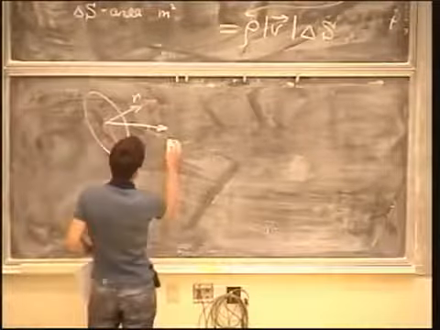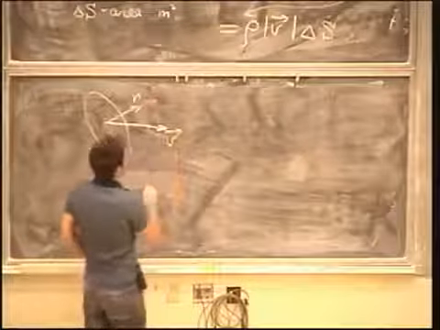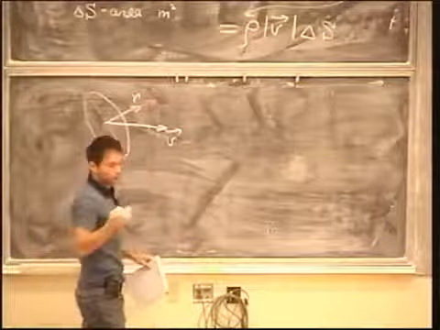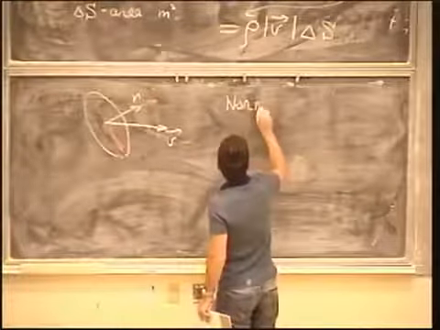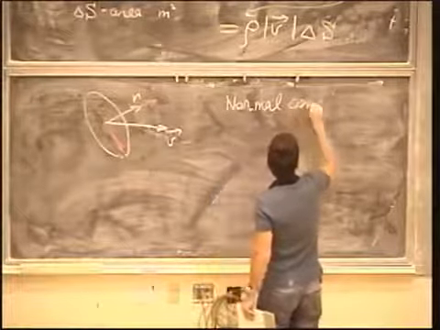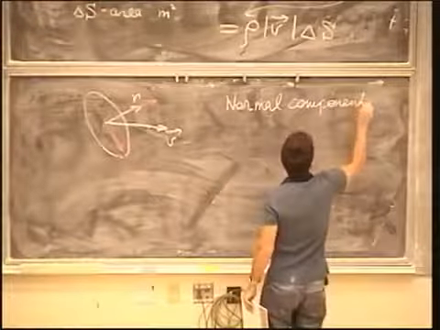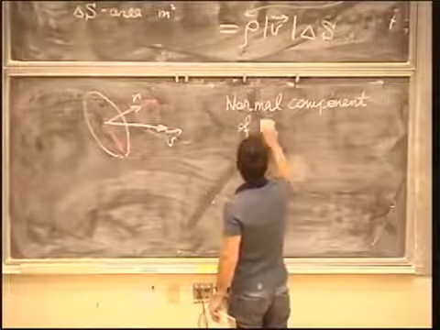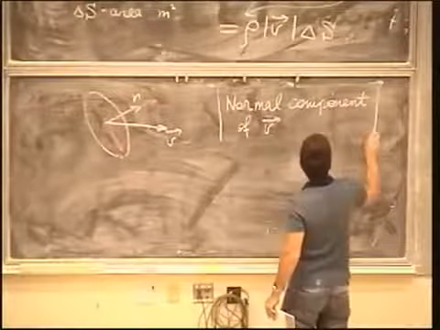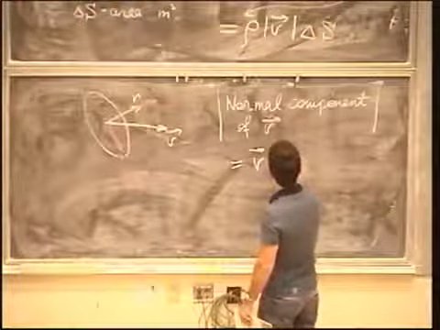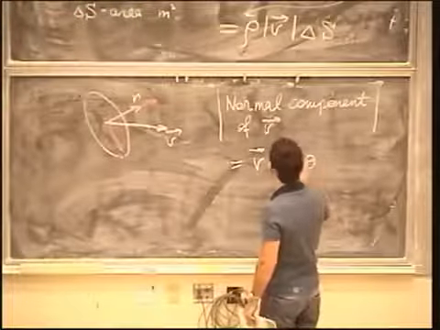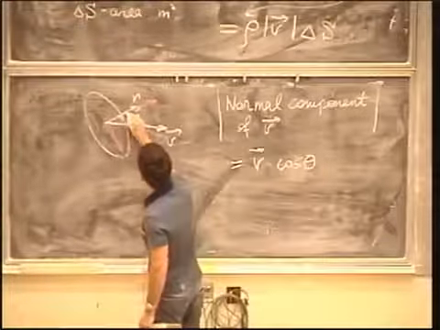And what is this component? So this is V. Let's remember dot products again. The length of the normal component of V is just V times the cosine of the angle formed by these two vectors.